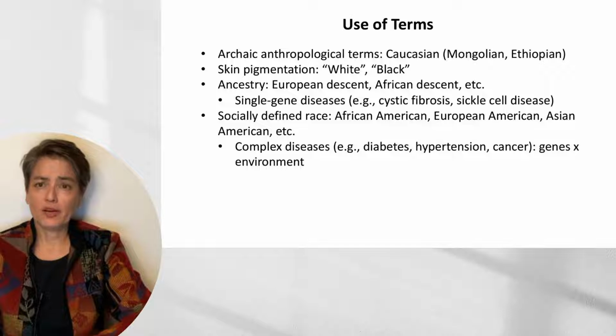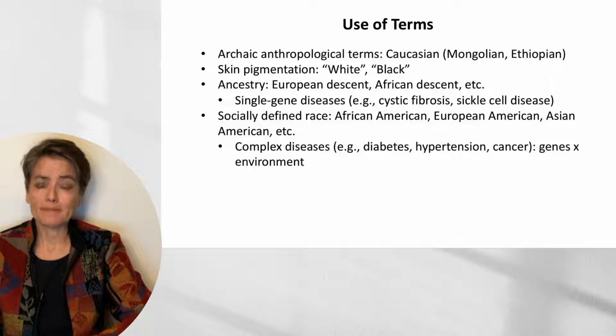Another way that we can define populations is based on skin pigmentation. So we can use white or black, for example. And white, black, and brown are fairly common in the popular media. Again, I would encourage you to remove this from your vocabulary in scientific situations, because when we use white and black, that really sets up a binary comparison and does not bring in the vast numbers of other individuals in the world.